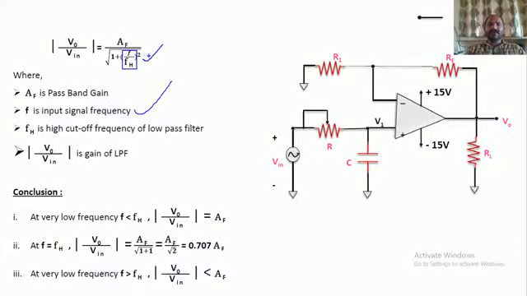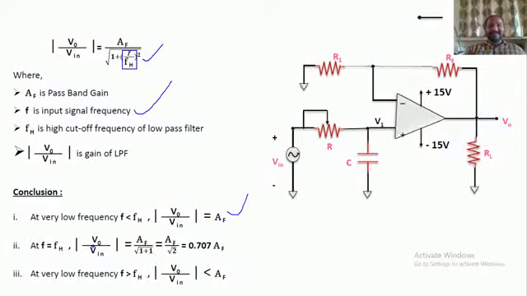If you add that small value to 1, the entire result becomes approximately equal to 1. The square root of 1 is 1. So obviously we are getting AF by 1, which is nothing but AF only. That means when the input signal frequency is less than the cutoff frequency of this circuit, the gain of the circuit is AF only.